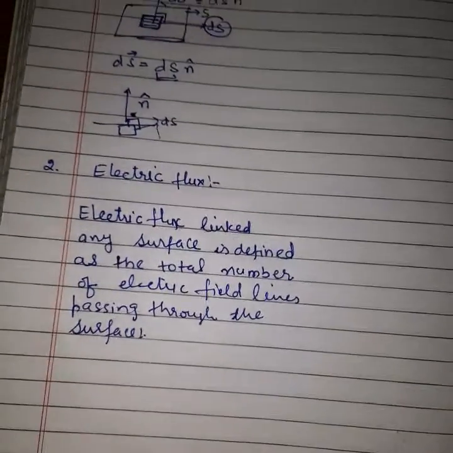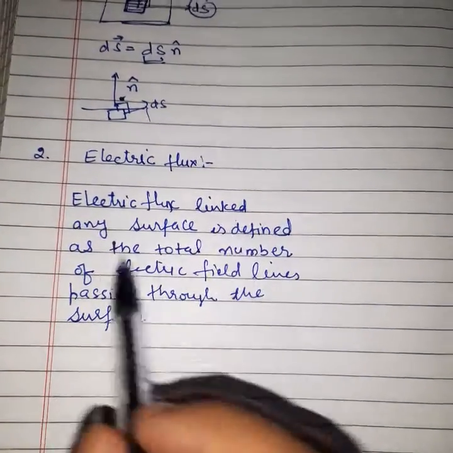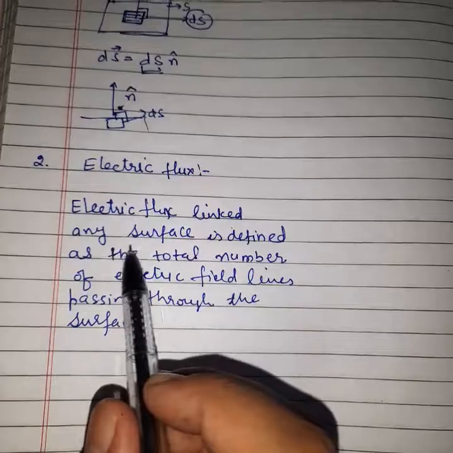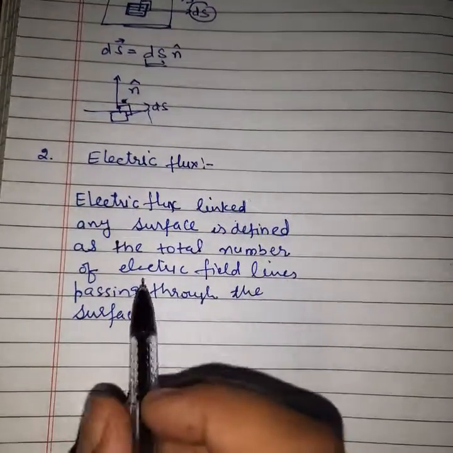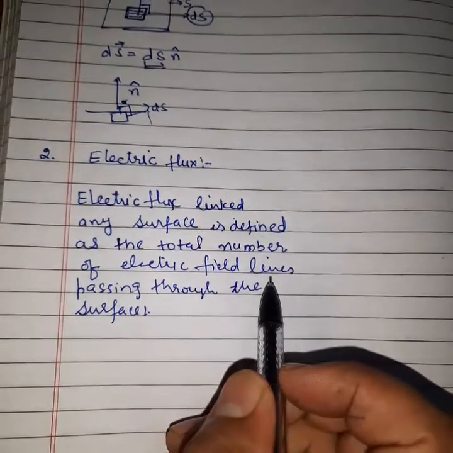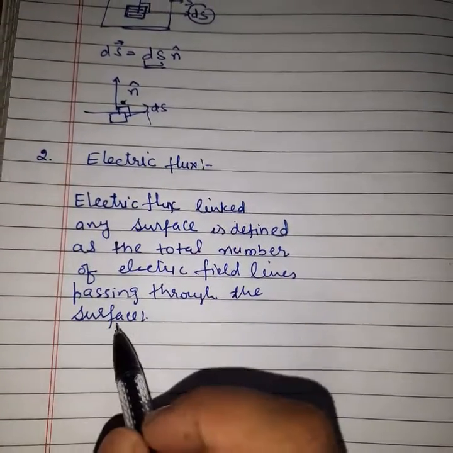Listen, one thing: electric flux linked with any surface is defined as the total number of electric field lines passing through the surface.